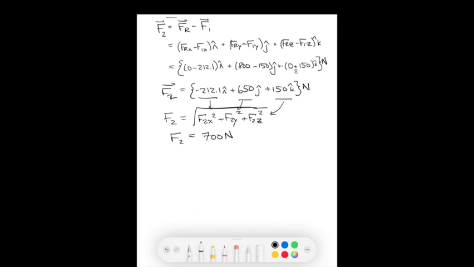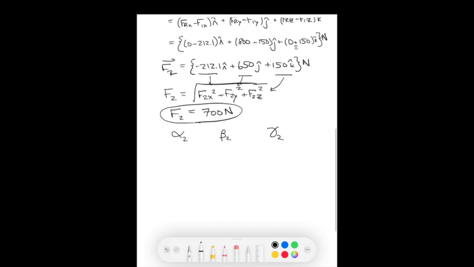And now we have all the information that we need to find alpha, beta, and gamma of that F2. So now we know the magnitude is 700 newtons. We just need to know which direction it's pointing. So we'll go ahead and solve using the inverse cosine.